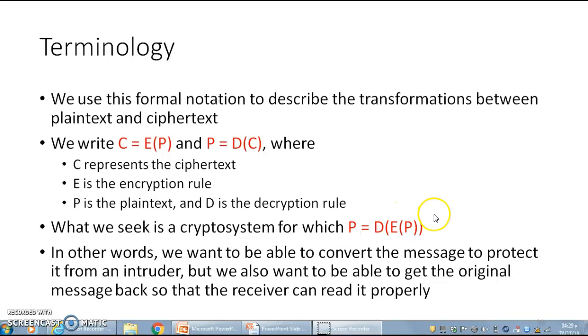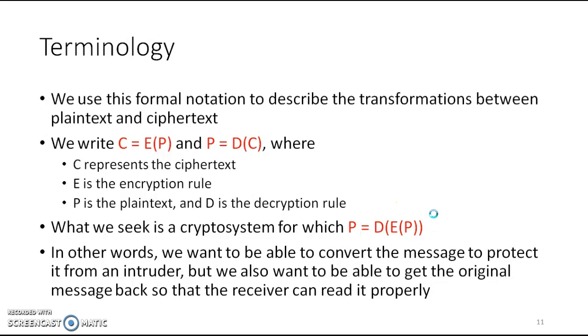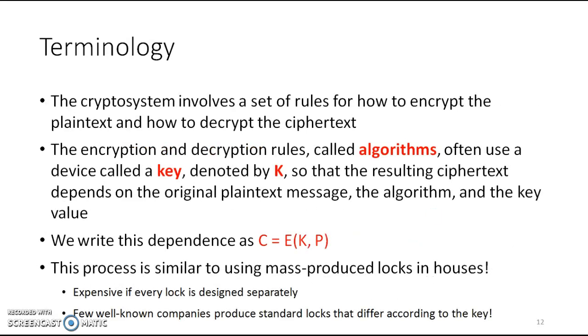Now we go to the next slide, where we will have some more elaboration, more algorithms, techniques and terminologies. The crypto system is usually the whole system for encryption and decryption. It involves a set of rules for how to encrypt the plain text and how to decrypt the ciphertext. This is very easy.